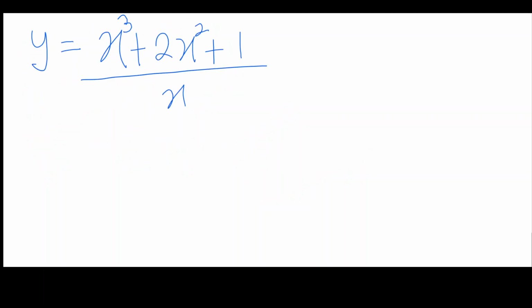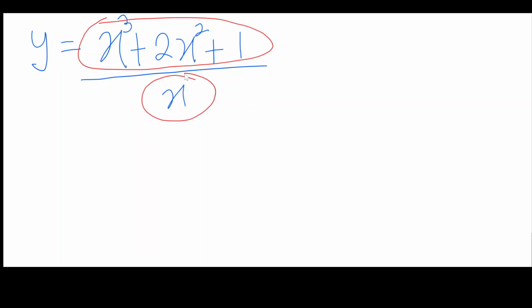It says we should get the derivative of y equals x cubed plus 2x squared plus 1 all divided by x. Now when we have a situation like this, as you can see, we have an expression for the numerator, and we also have an expression for the denominator. And it is easy to see that we can divide all through by x, because the denominator is x.